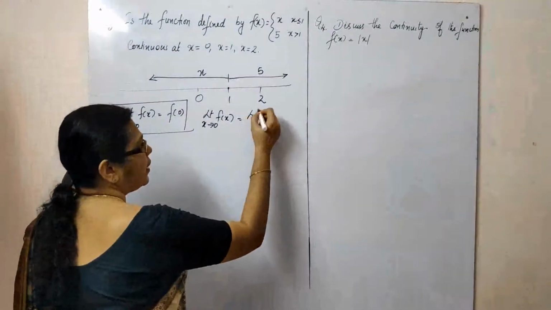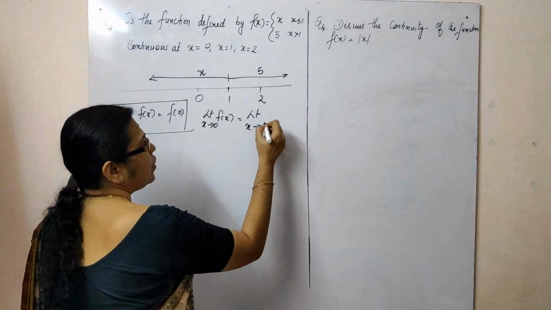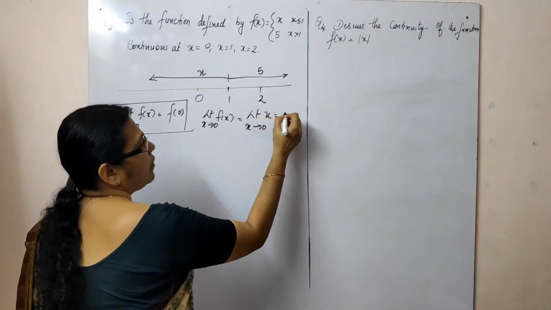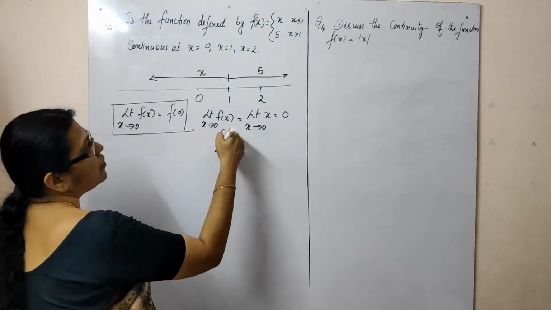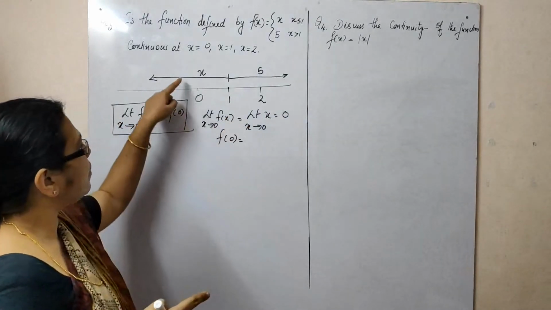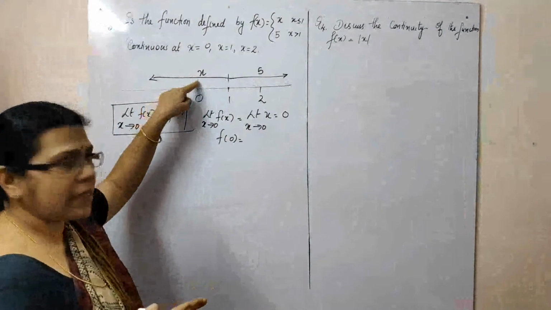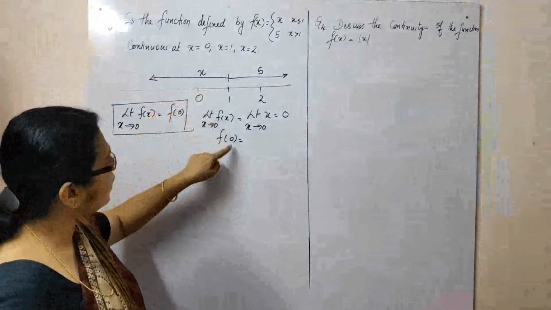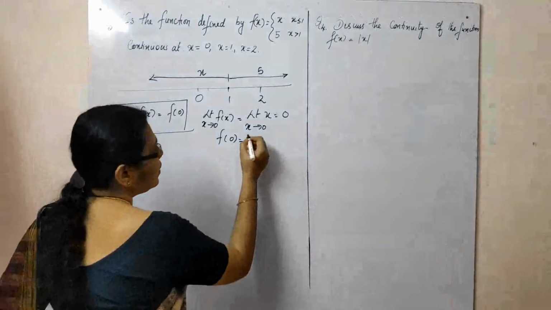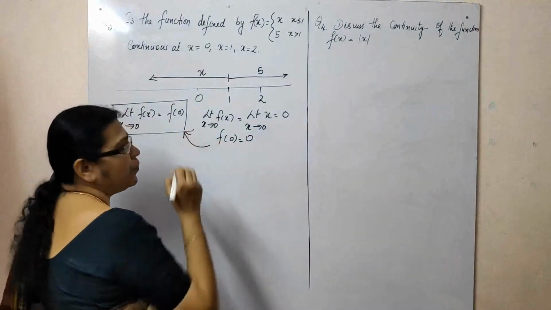So, what do I write? Limit x tends to 0 of x. What is the value? 0. At f of 0, what is the value? x is equal to 0 is coming here, where f of x is x. What is x when x is equal to 0? It is 0. So, isn't this true?